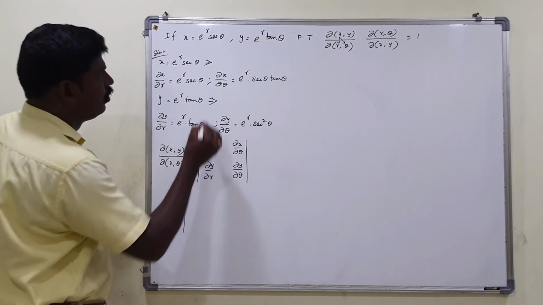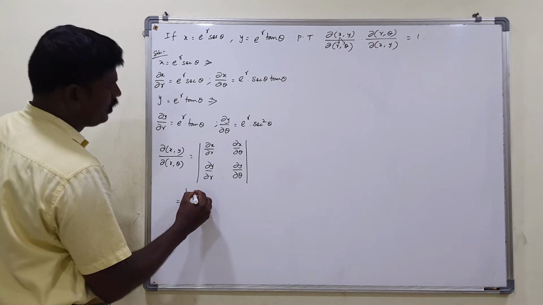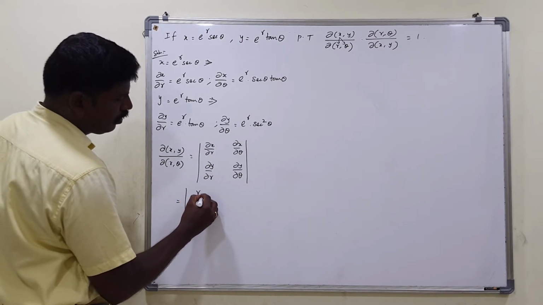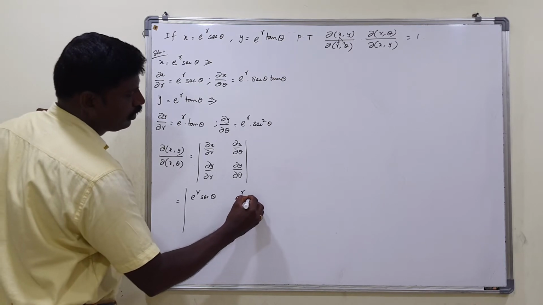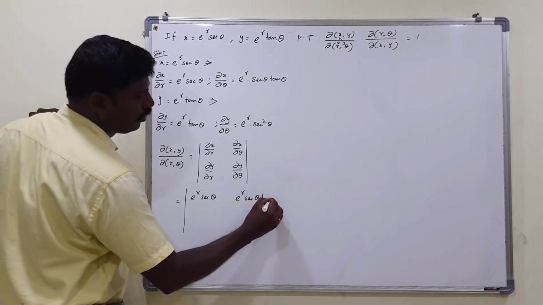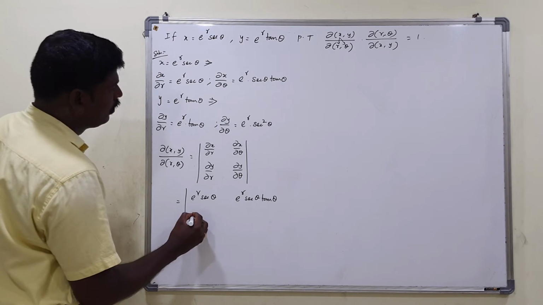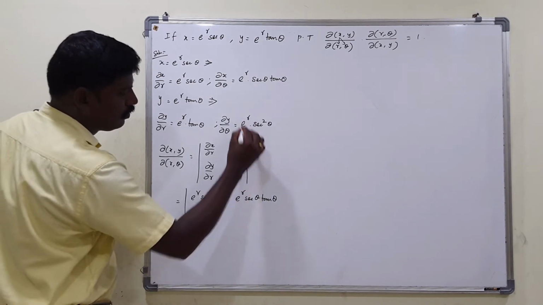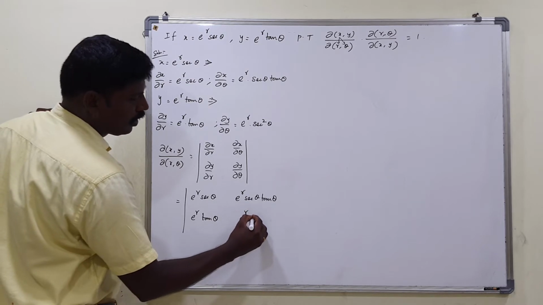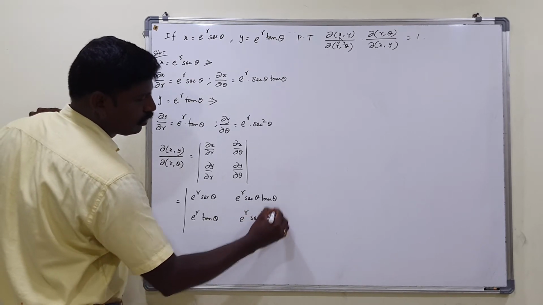Substitute. E power r secant theta, and then e power r secant theta tan theta. Here e power r tan theta. What is this value? E power r secant square theta.